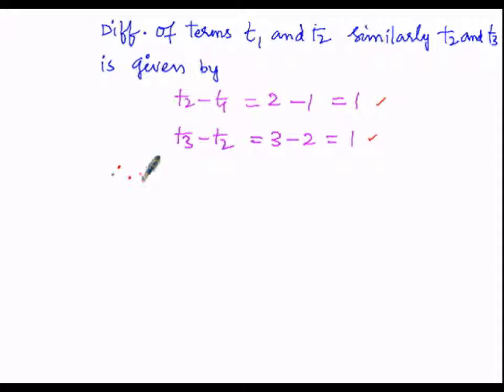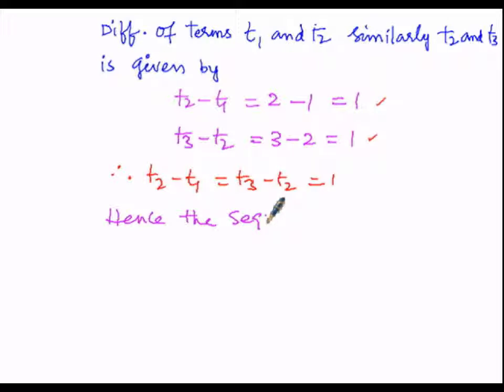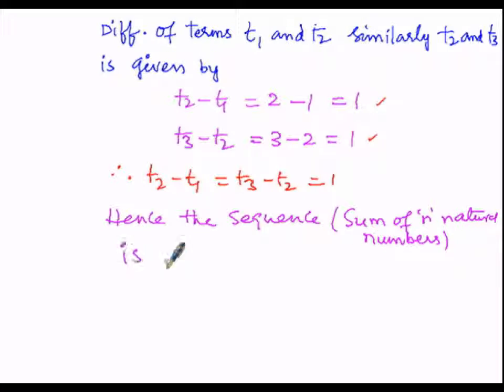Therefore we can write t2 minus t1 equals t3 minus t2 equals 1. Hence the sequence, or the sum of n natural numbers, is in arithmetic progression.